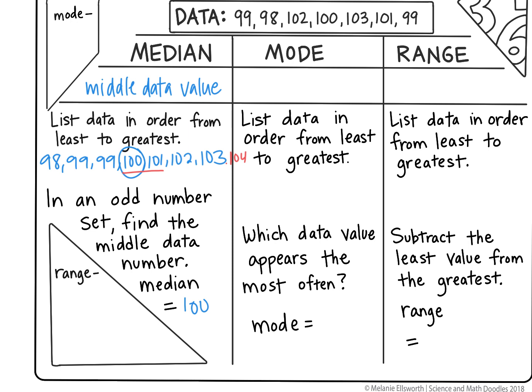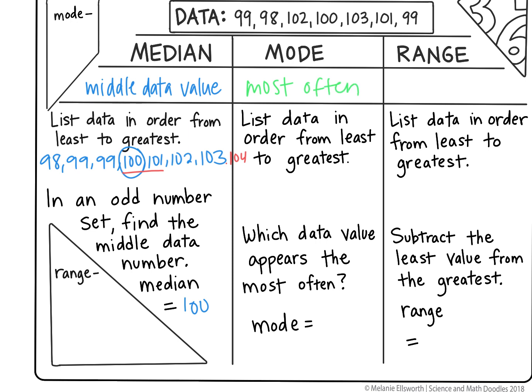Okay. For the mode, it is the number that occurs the most. Mode, most. Okay? Mode is most. So it's the piece of data that shows up most often. But guess what?